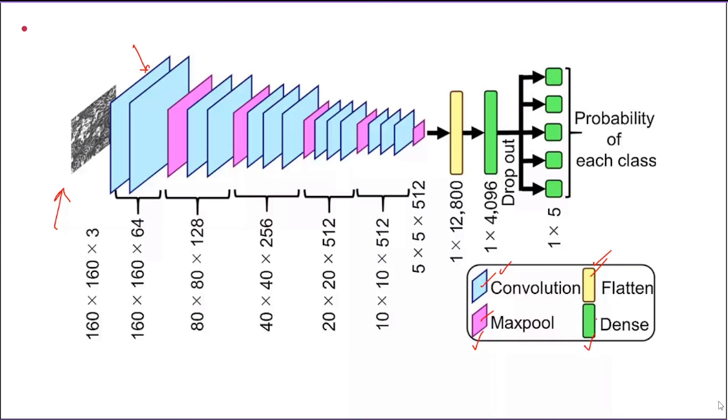You can increase the depth by adding different convolution layers. You can also include max pool in between. It all depends upon the experiments. And then finally you are flattening.